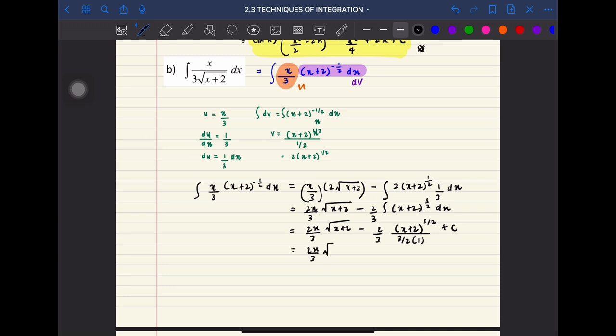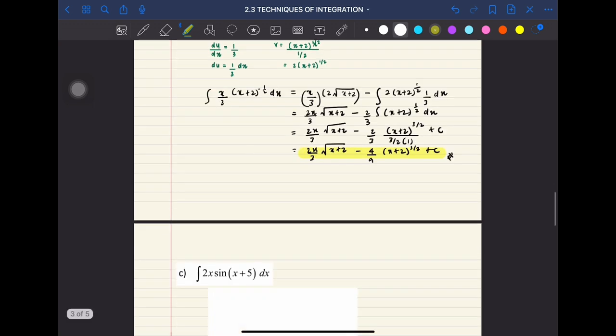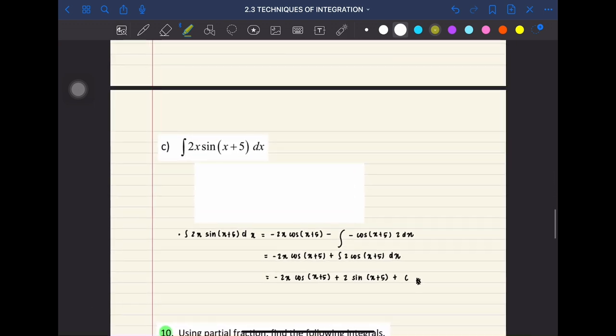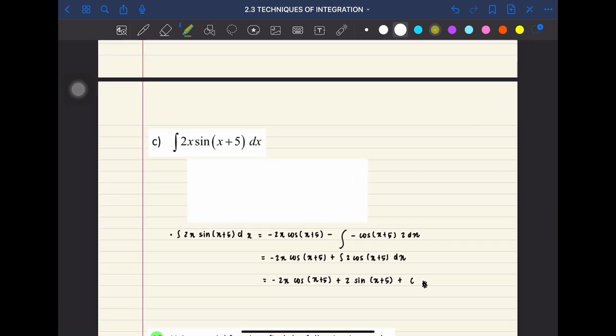So for the final step, it will become 4 over 9 times x plus 2 to the power of 3 over 2 plus c. Okay, so this is your final answer for question B.